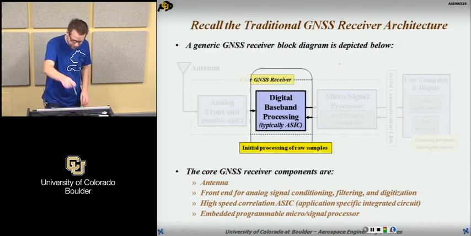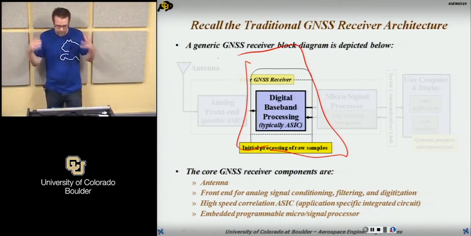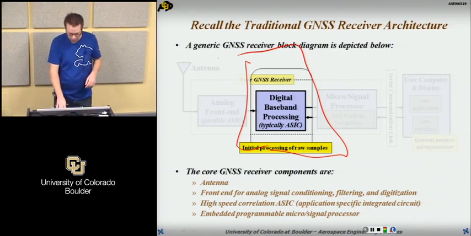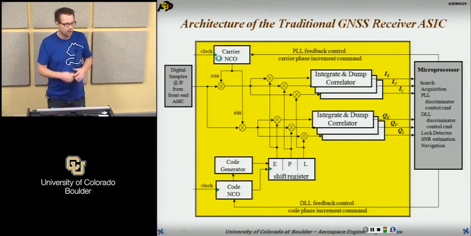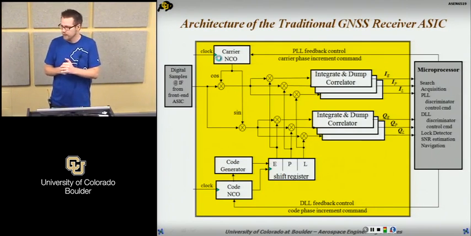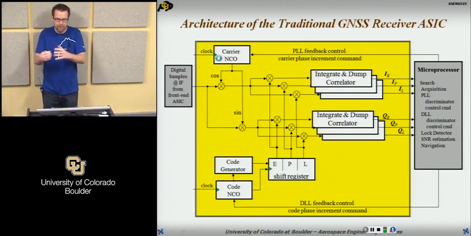Skip that one. This here is what we're going to start talking about: digital baseband processing. What happens inside? This is a block diagram of what that would look like as implemented in an FPGA. In MATLAB you can do it a little bit differently, but this is basically what it looks like.